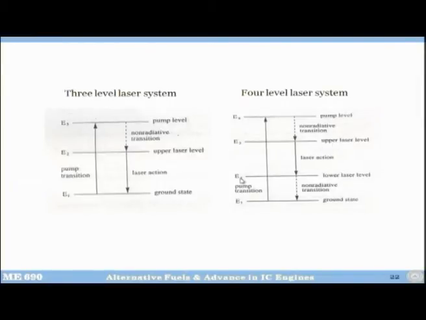So, from E3 to E2, upper laser level to lower laser level, it comes down and monochromatic light generation takes place here, and from E2 to E1 again there is a non-radiative transition. Okay. So, there are many types of lasers.